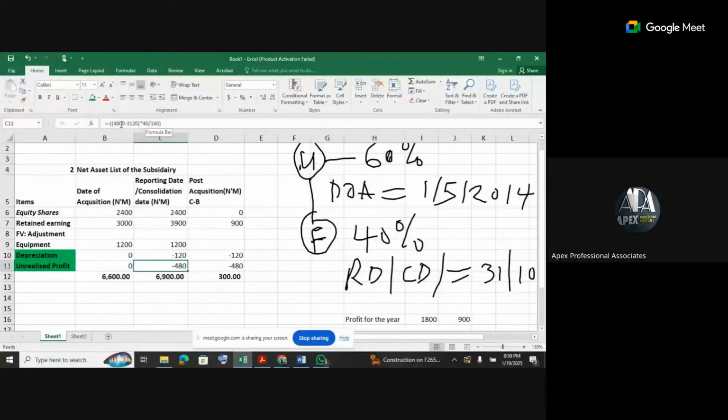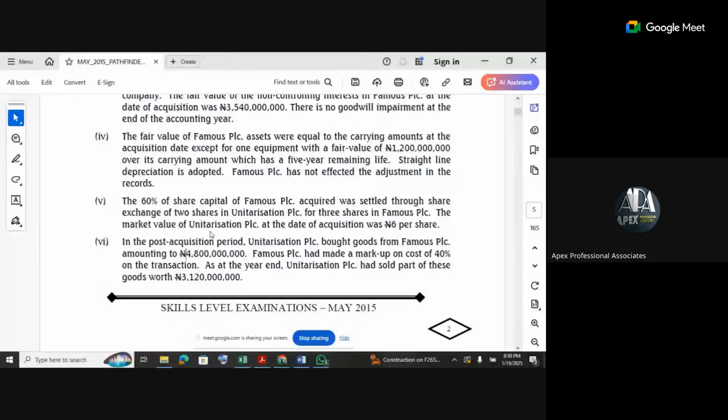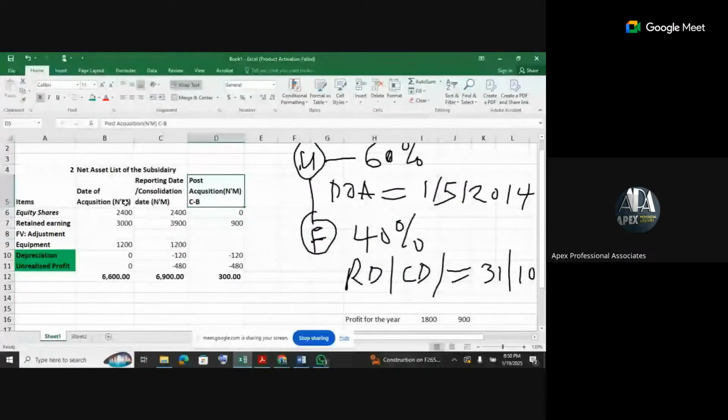Because we are trying to calculate the profit on the unrealized, on the one that they've not sold. So that is why we compute it based on the difference. So here now you have your net assets at the date of acquisition, your net assets at the reporting date, and your post-acquisition adjustment. So we've computed our net asset list this way. Is it clear?